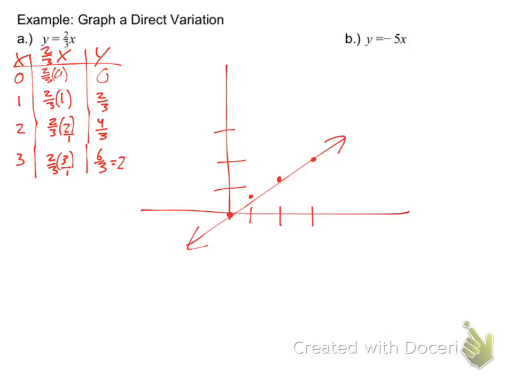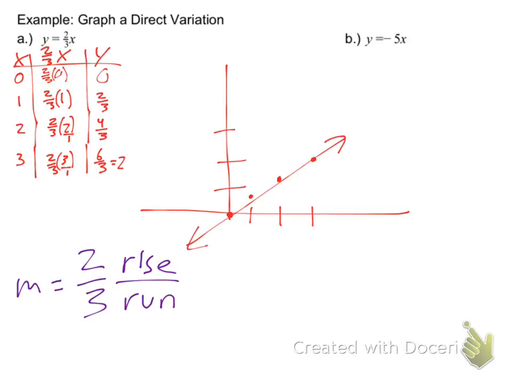If I started at (0, 0), because we knew (0, 0) was on this line. It's on all direct variation lines, yes? And I decided to use slope to my advantage. We said slope, m equals 2/3. What if I called that my rise over my run? So what does this mean? This means I am going to go up 2 and then over 3. That's slope. That's the ratio of 2 to 3.